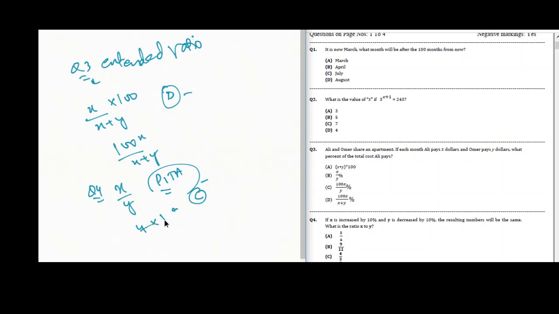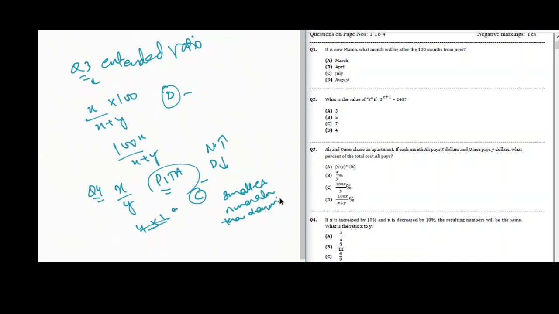Now the first thing you also have to look at is that the first number, the numerator, is increased and the denominator is decreased. So you have to find a number that has a smaller numerator than denominator.